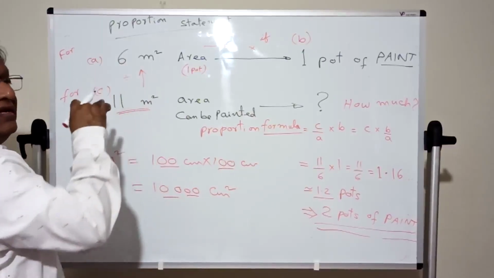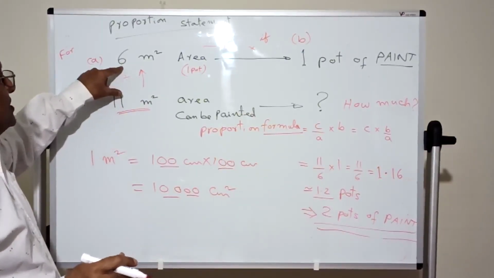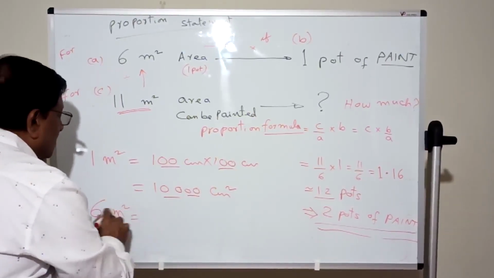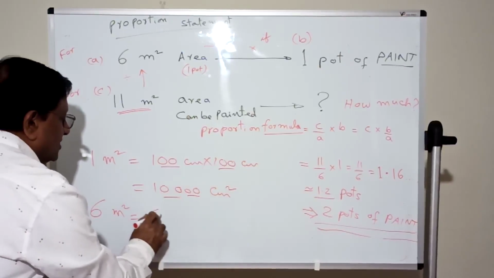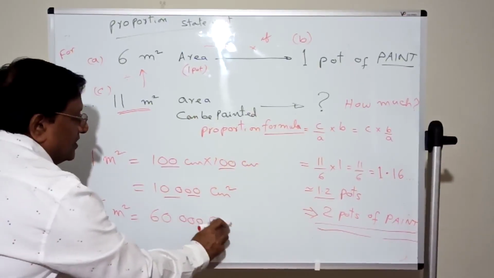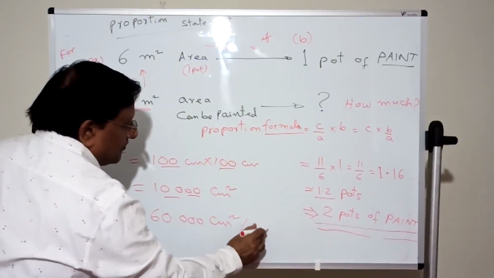So if you calculate everything in square centimeters, you convert the 6 square meters also into square centimeters. That is 6 times 10,000 is 60,000 square centimeters for 1 part.